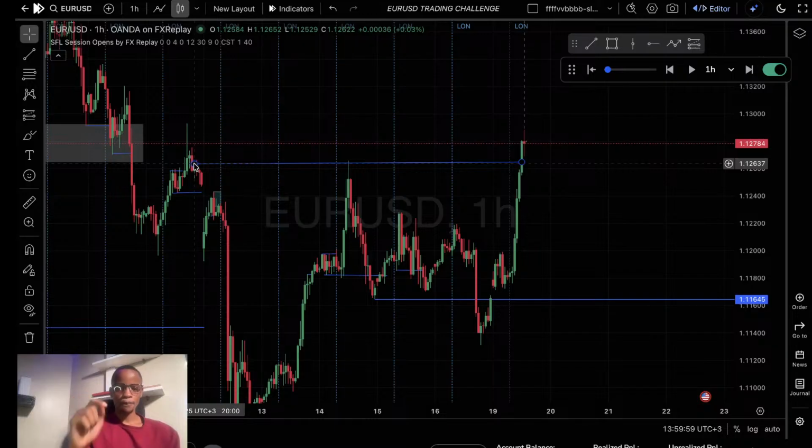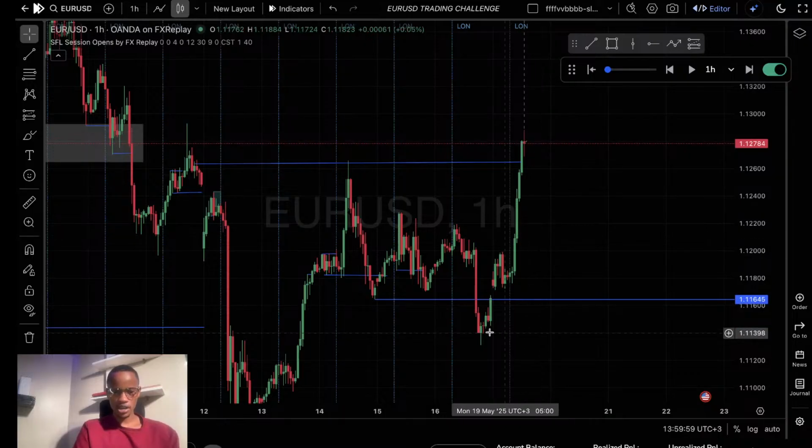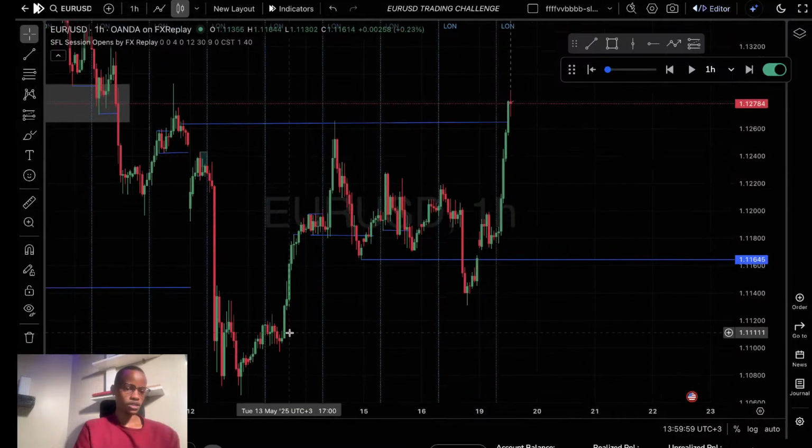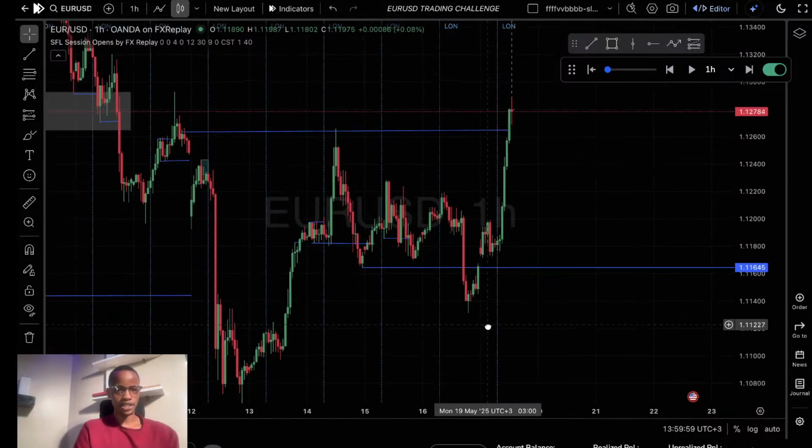Whenever you see price going up, you know buyers are controlling the market, and whenever you see red candlesticks, you know that sellers are now controlling the market. So what we see right now is that buyers are driving price to the upside. Why? Because we tapped into a strong zone on the daily.